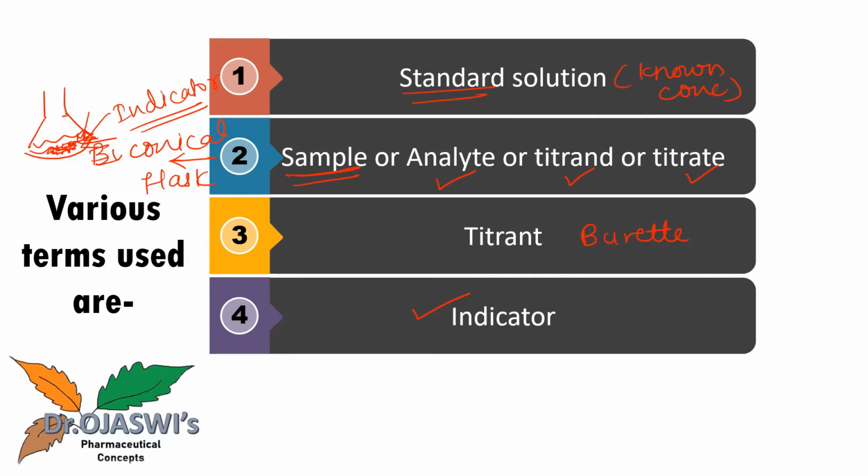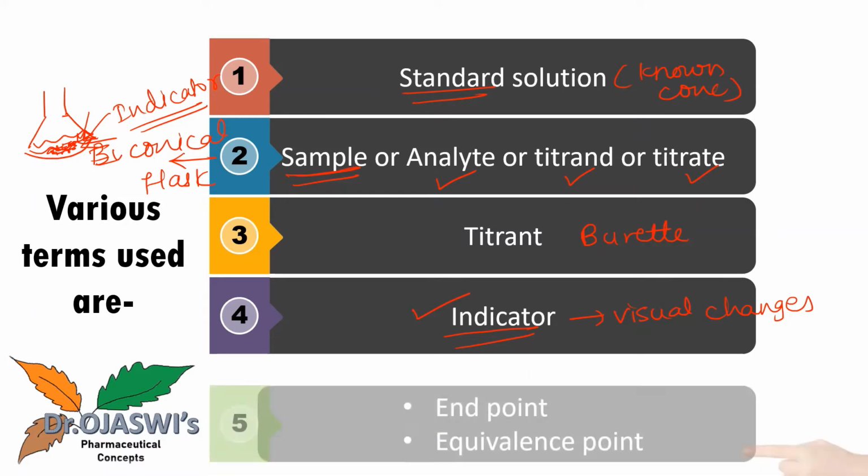It gives me an idea about the completion of the reaction by some visual changes. These could be a color change, formation of a precipitate, or formation of a complex, which can also be seen as a color change. We will learn more about it in the subsequent slides.